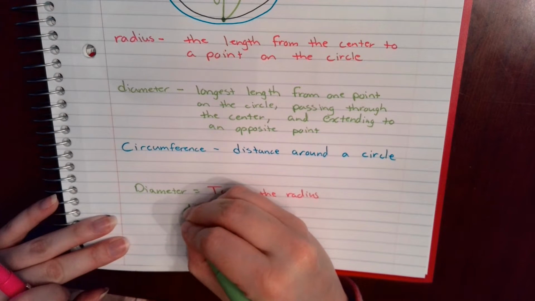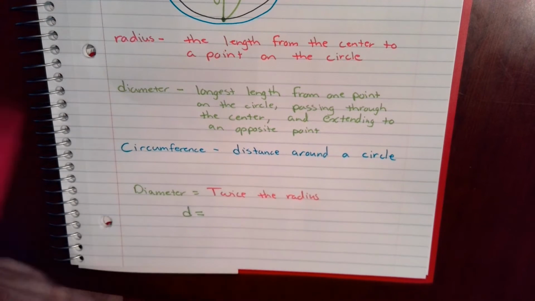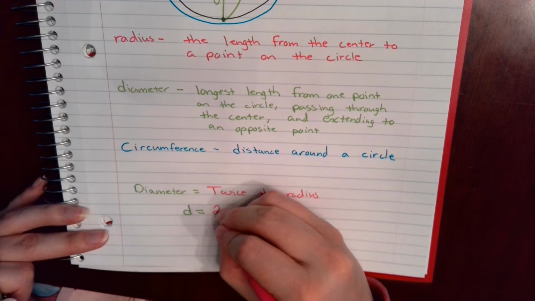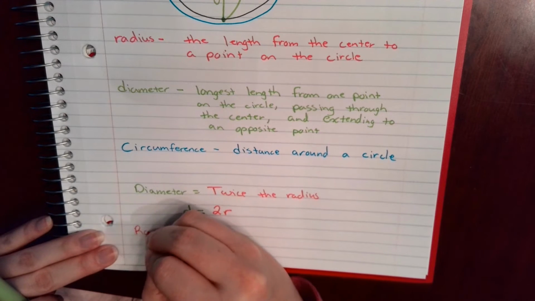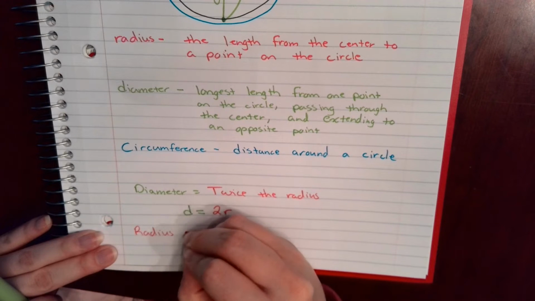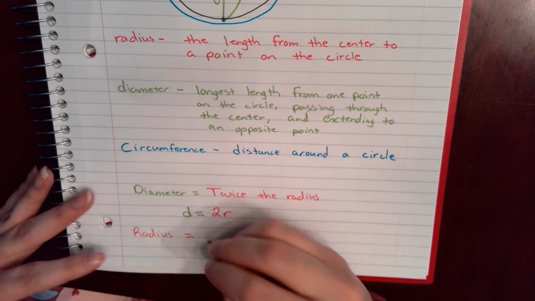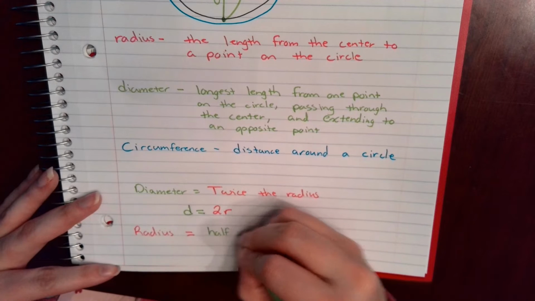So I'm going to say D is equal to 2 times R, R being the radius. And then the reverse is true, that the radius is equal to half the diameter.